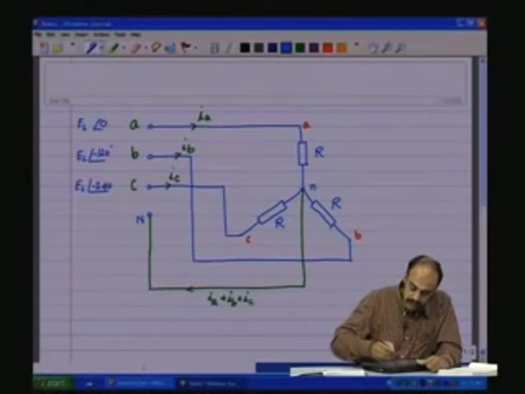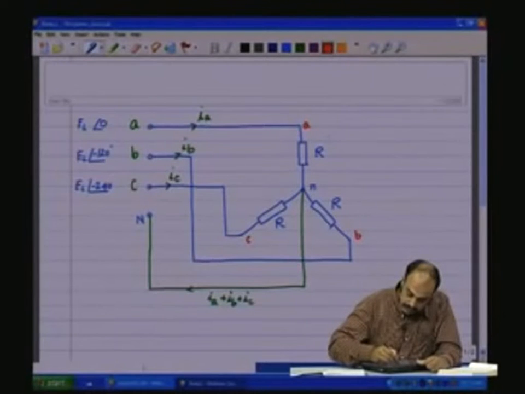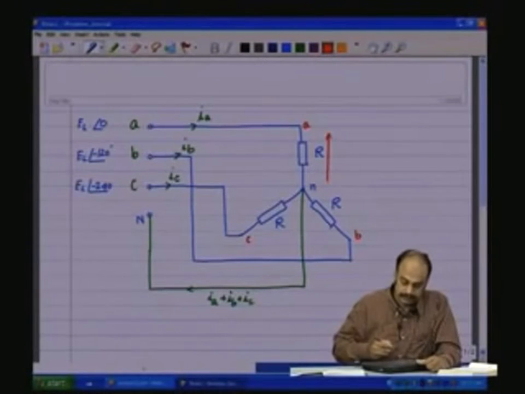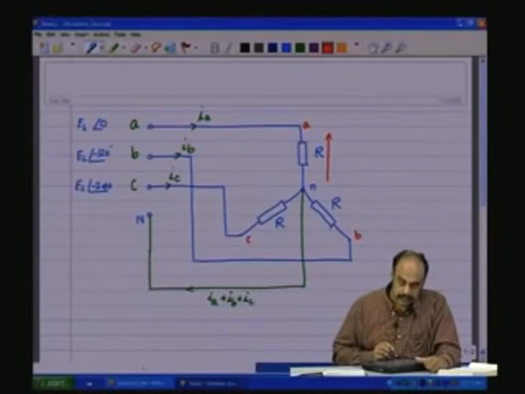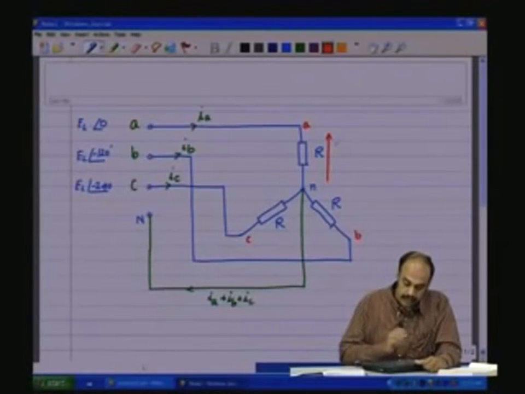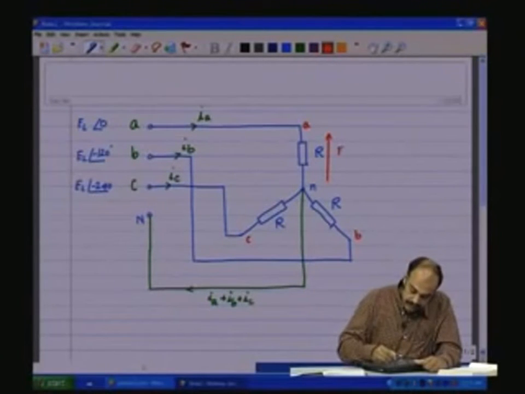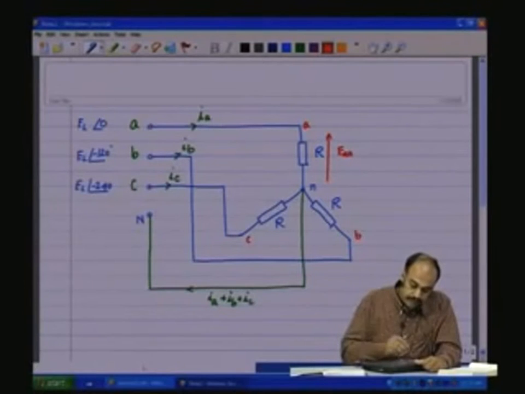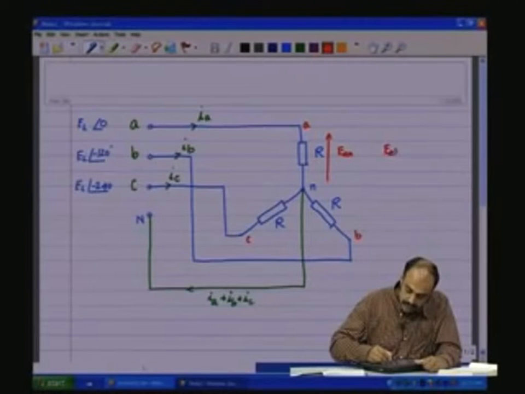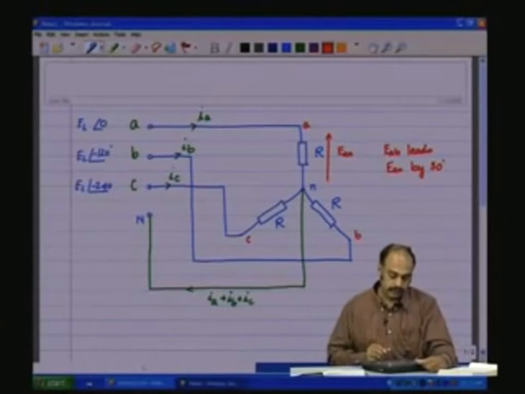We saw that the voltage across the phase, EAN, will be in phase with the line current in the case of the star circuit, which is IA, or IA into R will be EAN. However, EAB is going to lead EAN by 30 degrees. EAB leads EAN by 30 degrees. This we saw.